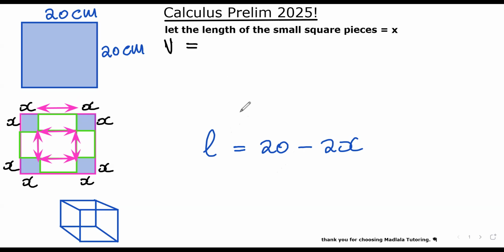In order for us to find the volume of any figure, we take the area of the base and we multiply this by the height, the perpendicular height, of course. Does anyone have an idea what is going to be the height of the box in this case? Any volunteer, please go ahead and tell us. Of course, if no one volunteers, then I'll have to ask a person.